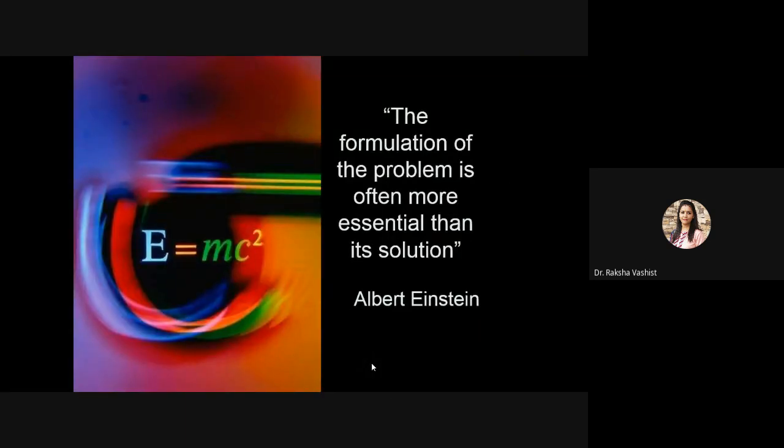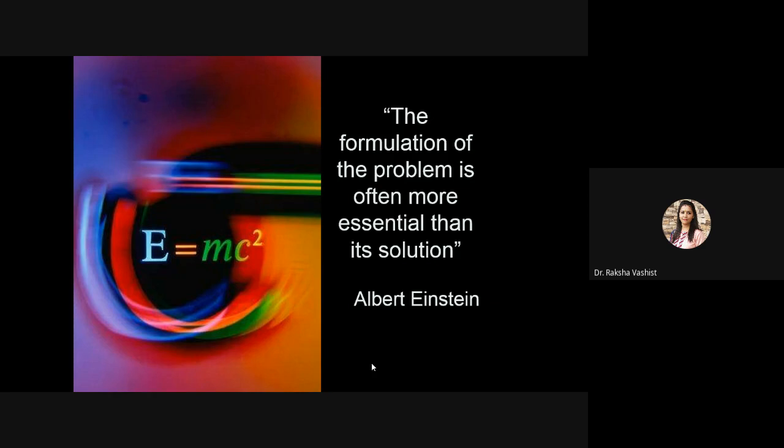As the popular saying by Albert Einstein goes, the formulation of a problem is often more essential than its solution. This quote defines the importance of the first step, that is the formulation or identification of the problem.